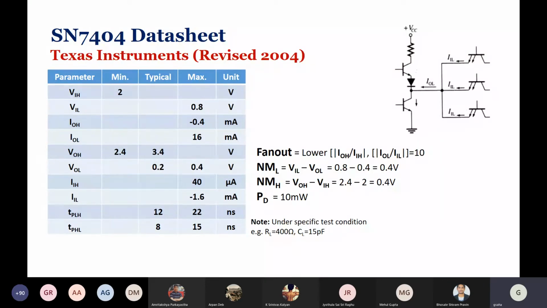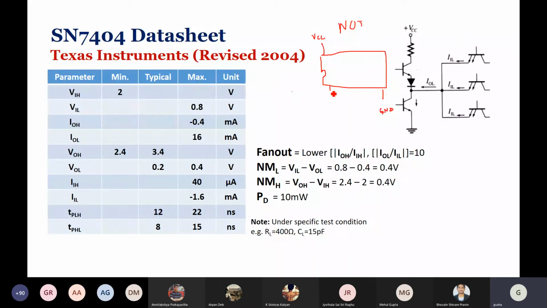Okay. So here, if you look at any data sheet, this is 7404, this is a NOT gate. In the IC, you will have a 14 pin package, with VCC and ground.